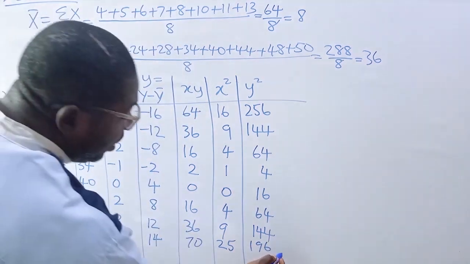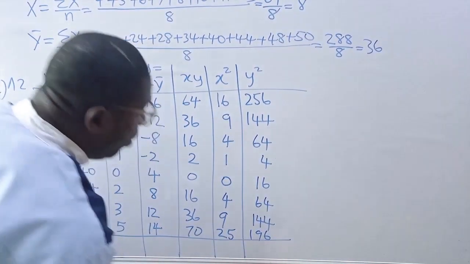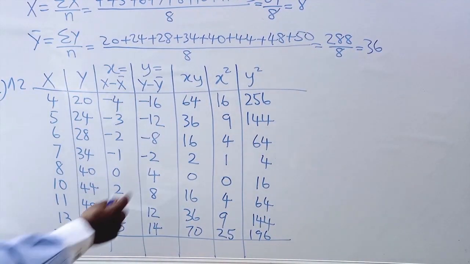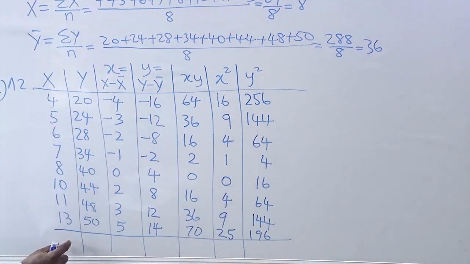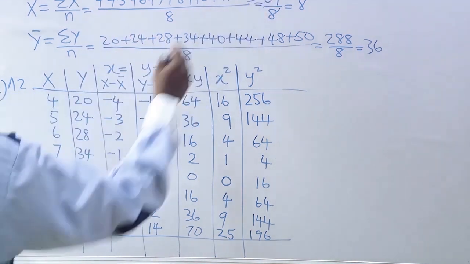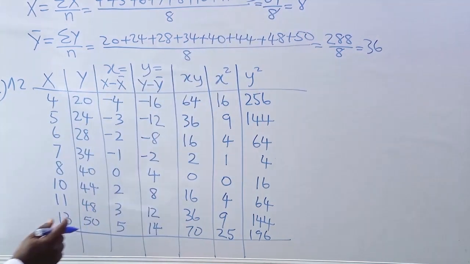Okay, what we do with this, we have to find the sum of these values, especially x, y, and xy. We've already found the sum of this, as we can see, 64. The sum of x is 64 here. I'll put my summation sign.